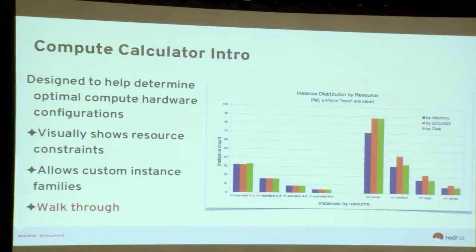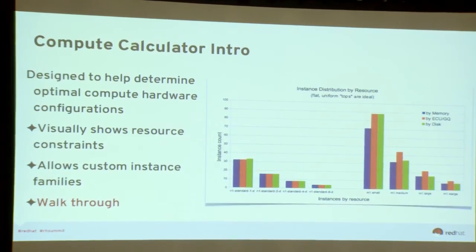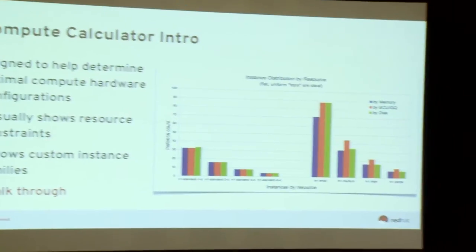So we created a calculator to help you size these things. We're actually going to go through a demo. This is the output from the calculator. The goal here is to have very flat tops so that you're not bound or constrained by one particular resource over another. The calculator will visually show this, and it will allow you to create what's called a custom instance family. We have a lot of customers in the federal services space, and they're kind of spoiled because they have a lot of money to throw at IT, and you've got developers that require a 64 gig virtual machine.